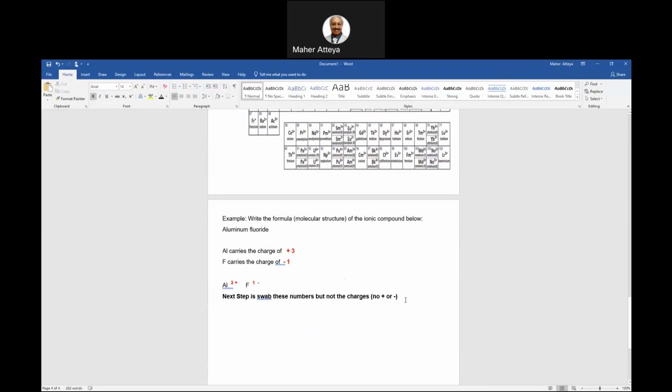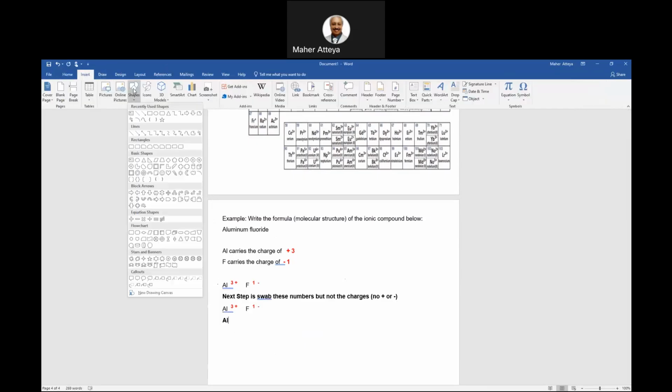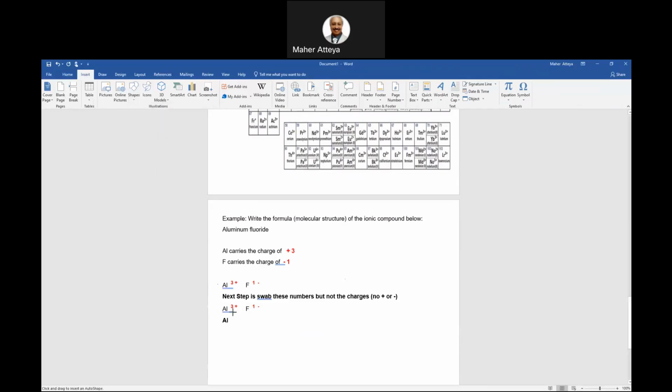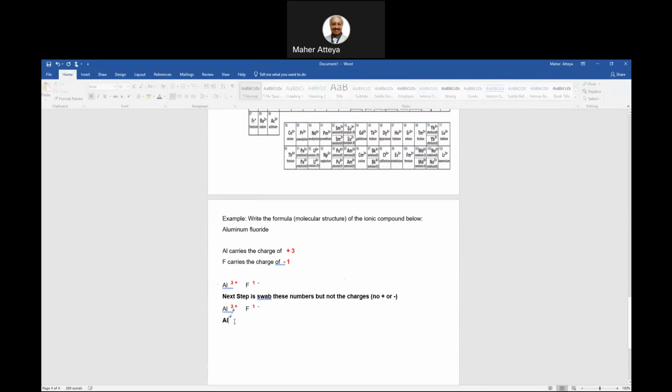So here it is. Paste this one here, guys. So I'll take aluminum here. Okay, trying to see if we can get one of the shapes here. Okay, it's working.